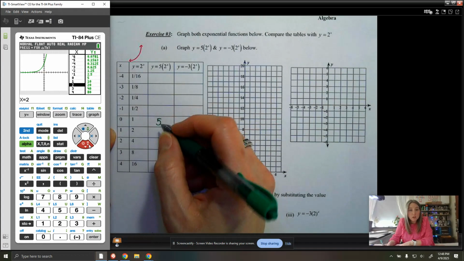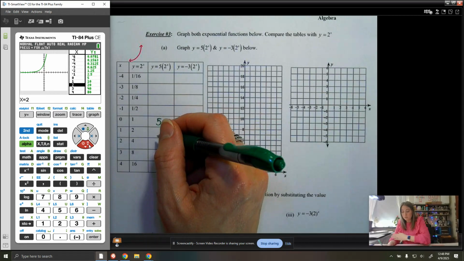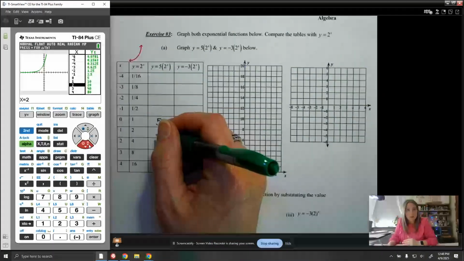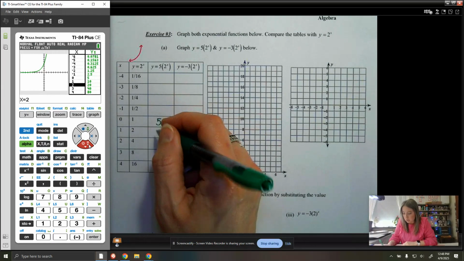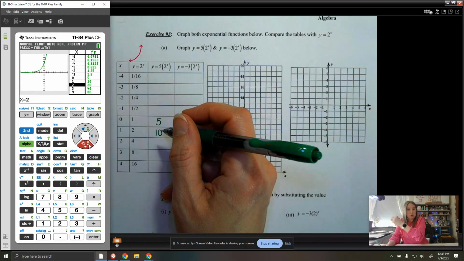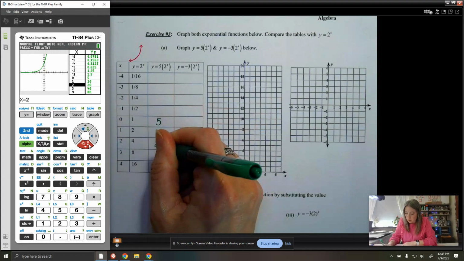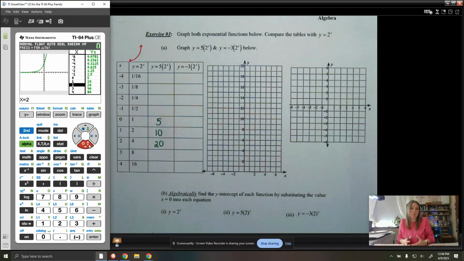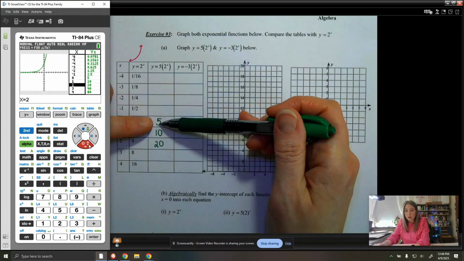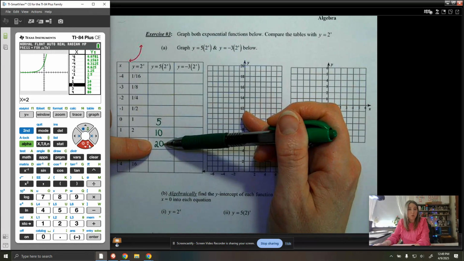At 1, it is 2 raised to the x power, then times 5. Okay, well, that gives me 10. And at 2, it's 2 raised to the 2 power, and then times 5. Well, that's 20. So look what's happening this time. I started with 5 and double from there. So now what's double 20?